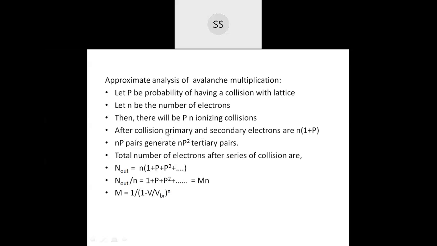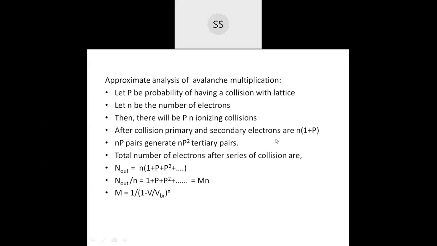So after collision, the total number of electrons that we find is N into (1 plus P), that is, N plus N into P. Here N is the primary number of electrons, and P is the probability of their collision. Once the N electrons collide, the total number of electrons is N times (1 plus P), or N plus NP.